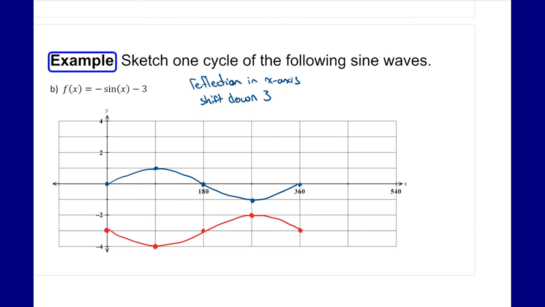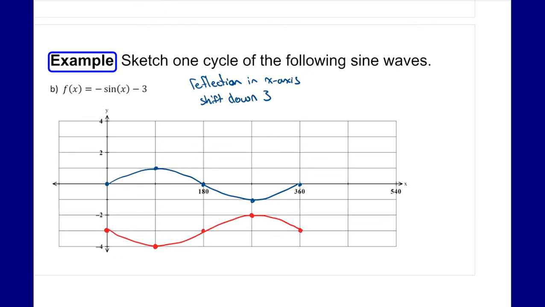When we flip it, the first maximum becomes a minimum, the first minimum becomes a maximum. The points on the midline don't change because you're at the line where you are essentially flipping it anyways. So this, in red, would be our new sine wave.